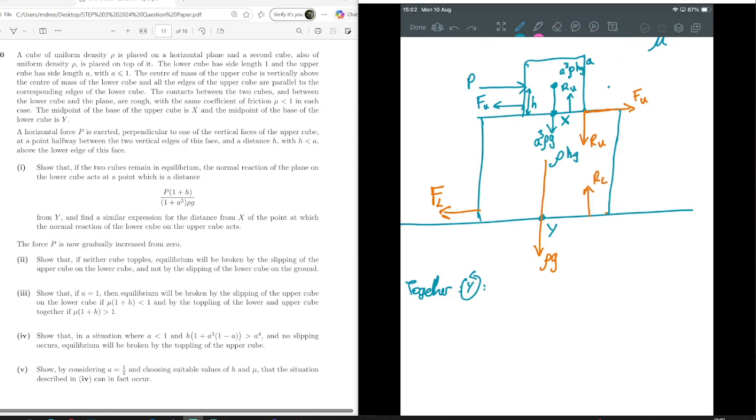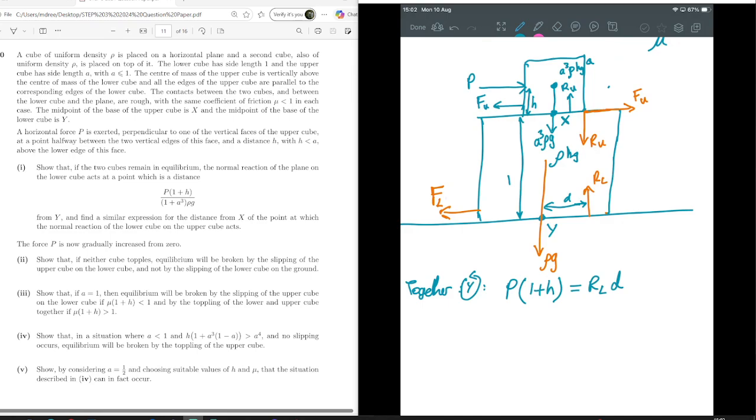So we have that, and if I call this distance for a moment D, we're going to have the moment caused by the pushing force at the top at a distance of 1 plus h, because of course the height of the whole object is 1, so that's a distance of 1 plus h away from Y, and that's going to be equal to RL times D.